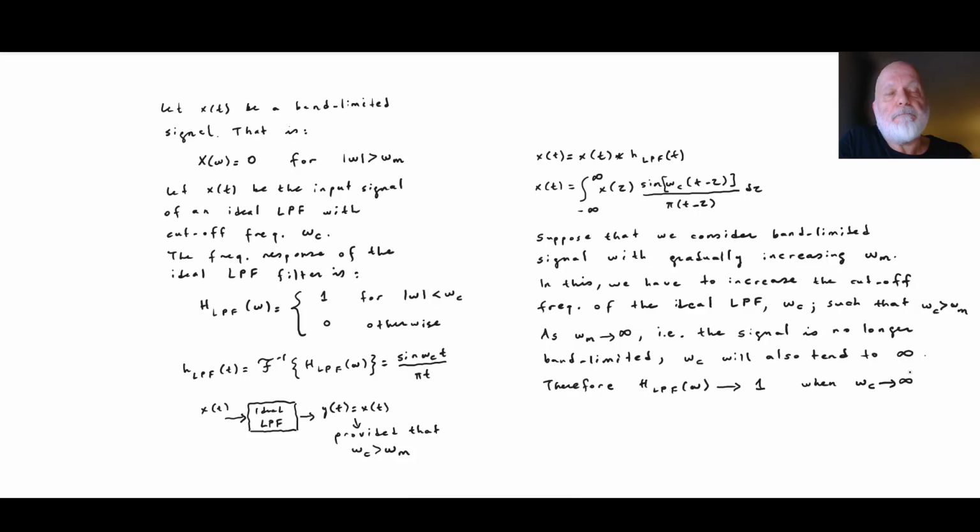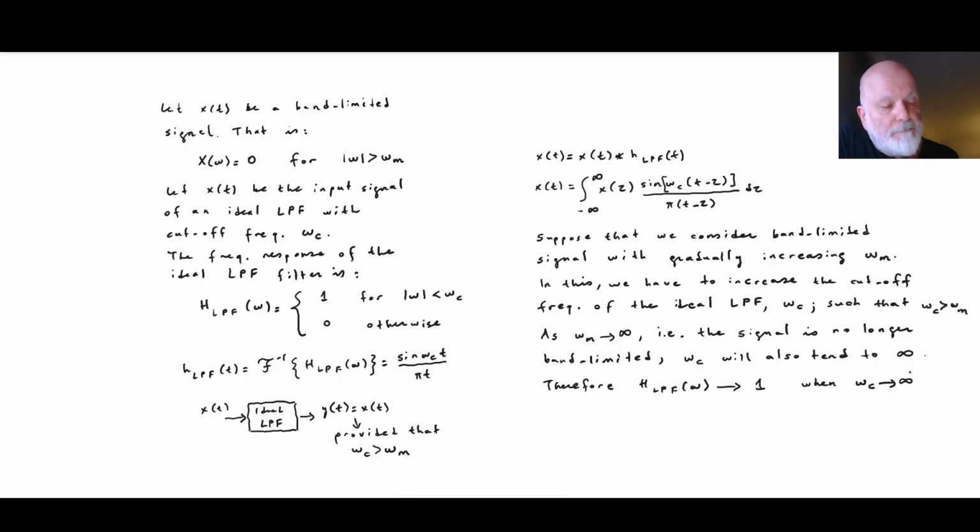Because we have the band-limited signals with gradually increasing omega m, and correspondingly the cutoff frequency of the ideal low-pass filters we have to use for such signals will also be gradually increasing. And in the limit, as omega m tends to infinity, omega c will also tend to infinity, and therefore the frequency response will tend to 1.